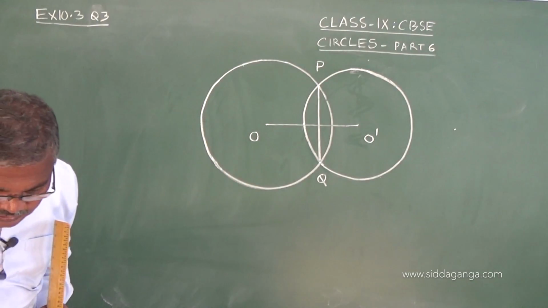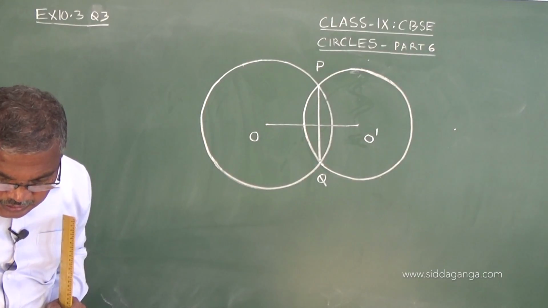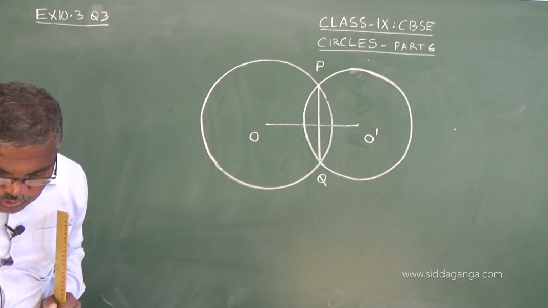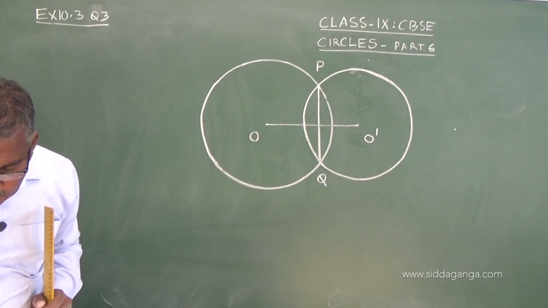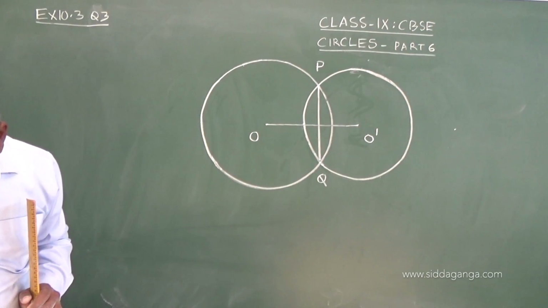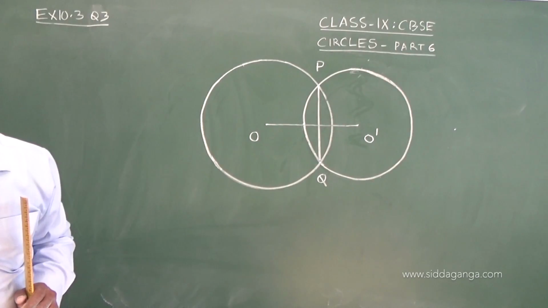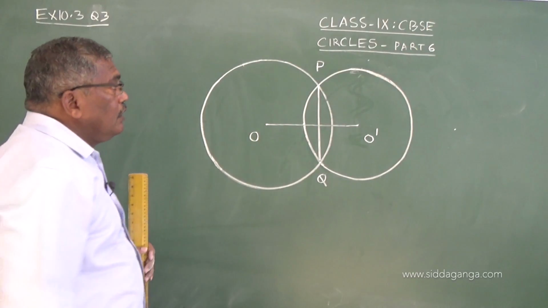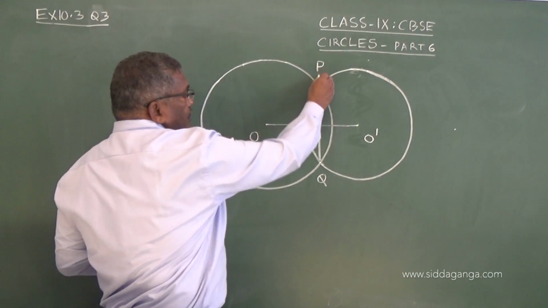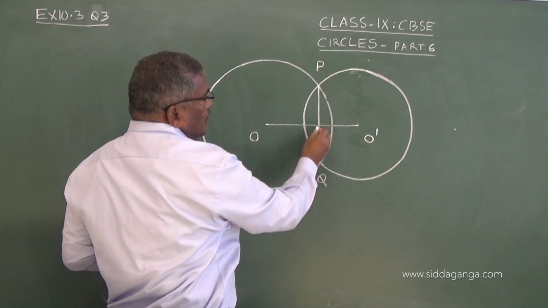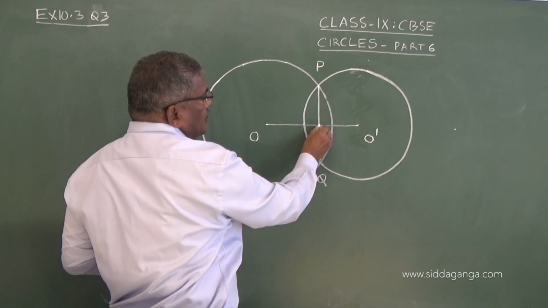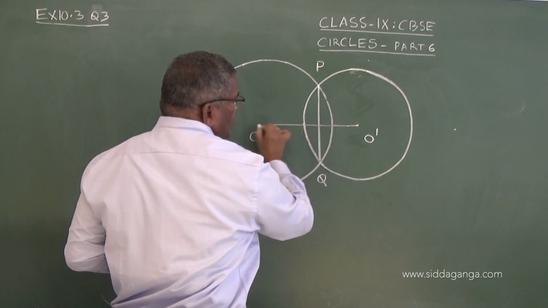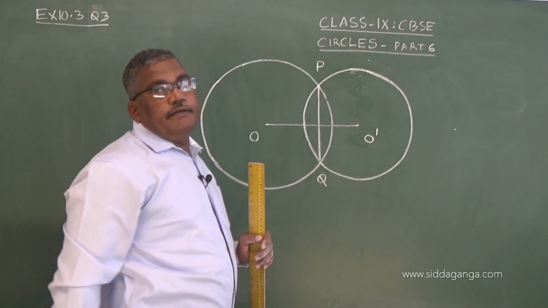And the question says, suppose you are given a circle. Third one: if two circles intersect at 2 points, prove that their centers lie on the perpendicular bisector of the common chord. So PQ is the common chord. If you draw a perpendicular bisector to this common chord PQ, both the centers of the circles lie on that line.